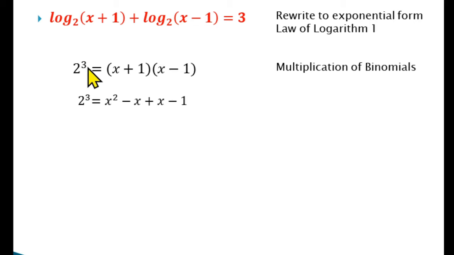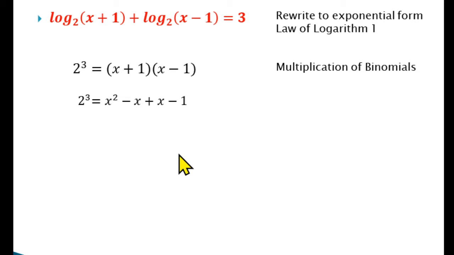we get 2 cubed is equal to x times x, that is x squared. x times negative 1 becomes negative x. Positive 1 times x is equal to positive x. Positive 1 times negative 1 is equal to negative 1.